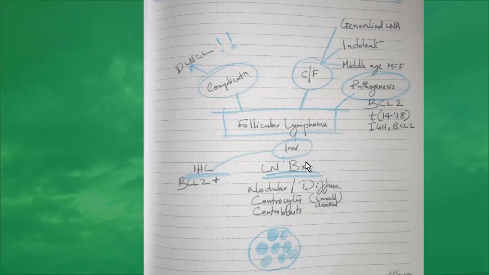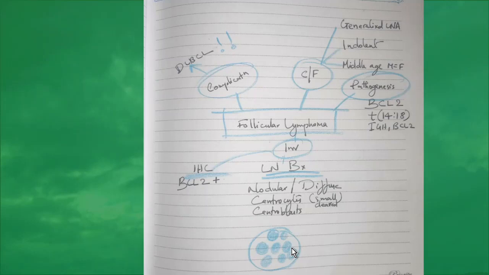Investigations. Mostly peripheral blood will not show anything, but lymph node biopsy will show usually a nodular pattern, sometimes diffuse. This is a nodular pattern. The difference between follicular lymphoma and a reactive lymph node would be absence of germinal center in a follicular lymphoma.